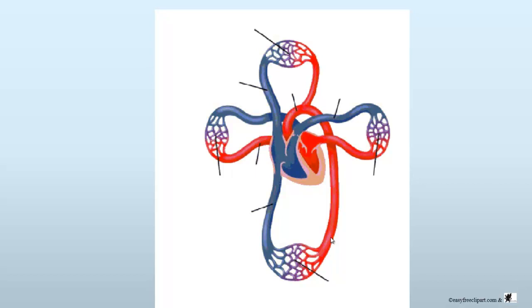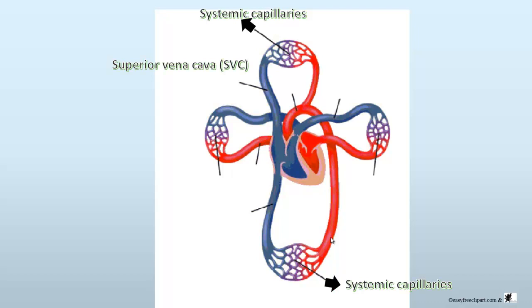So these systemic capillaries on the top of your screen here show blood entering from above the heart through the superior vena cava, and then you will have blood coming from the lower body, or below the heart, entering through the inferior vena cava.